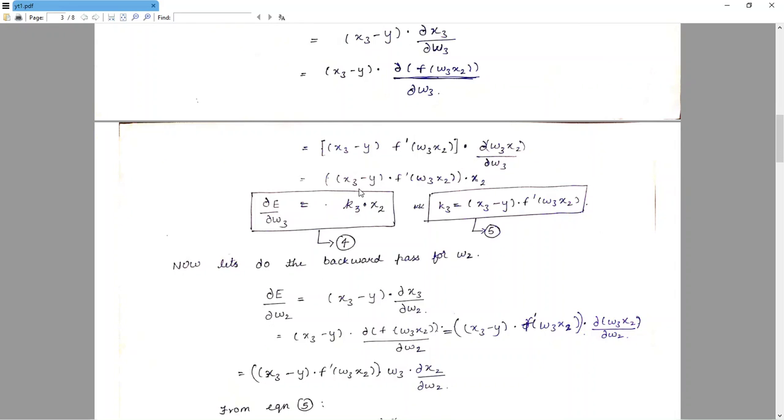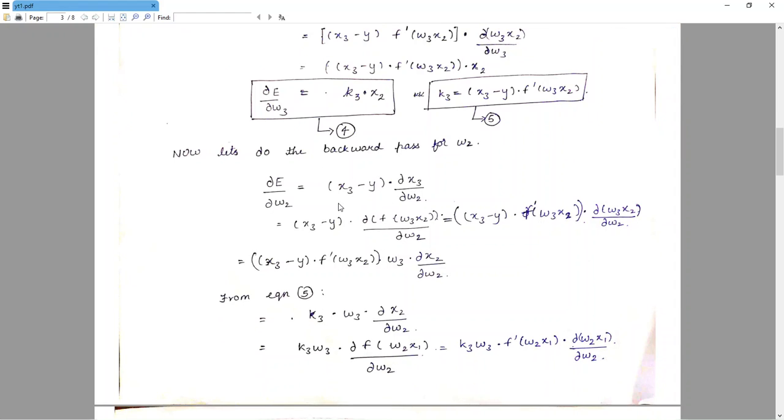So clearly it is x3 minus y into f dash of w3 x2 into x2. Let's assume x3 minus y into f dash of w3 x2 to be k3, so the contribution to error is k3 into x2, where k3 is this constant.